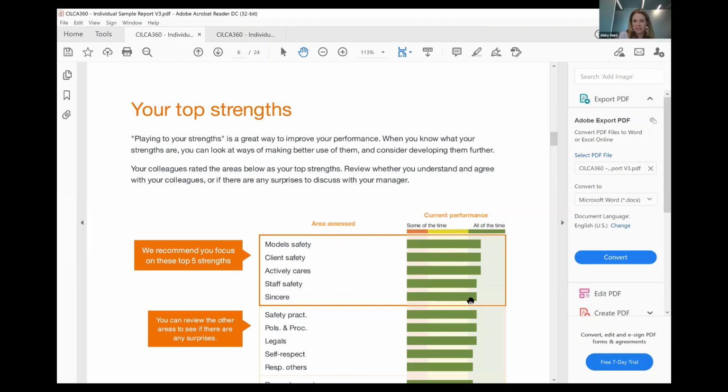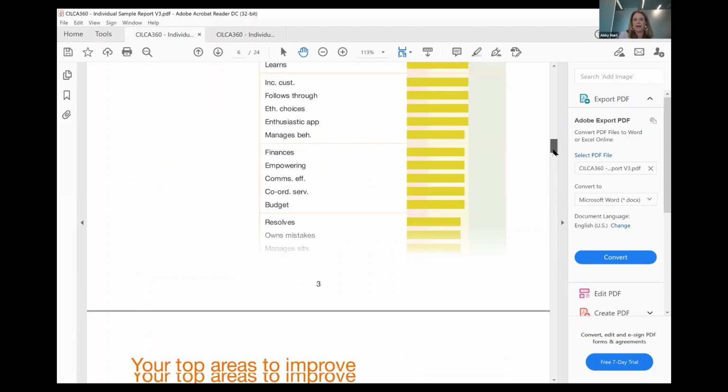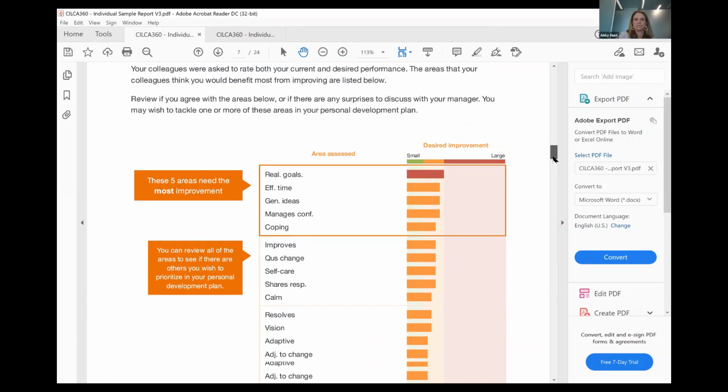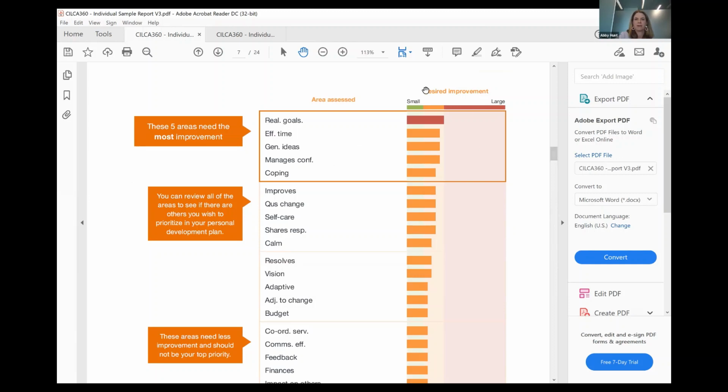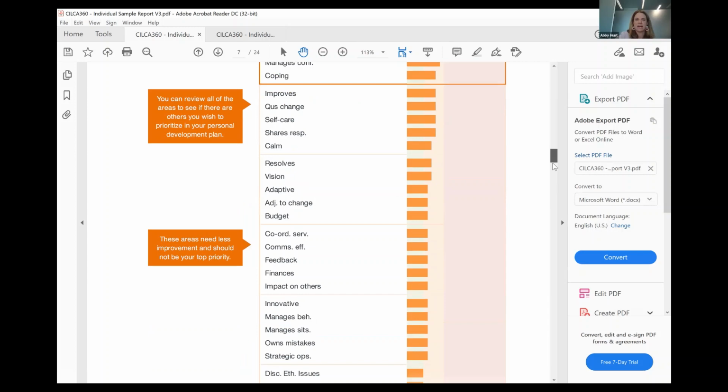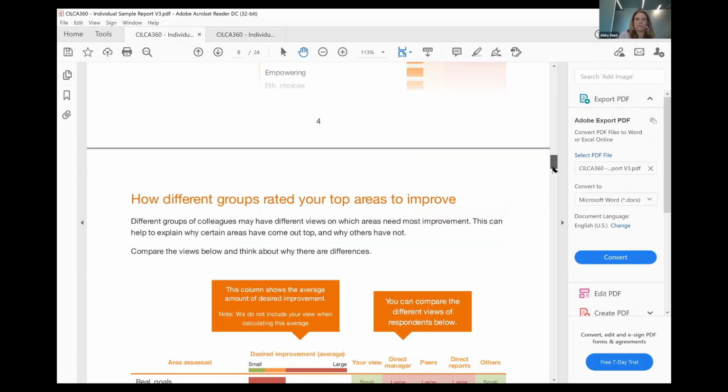But as you can see, these 3 are actually all quite the same. So just be careful not to just take the first 5 or the last 5, because there's much more to it than that. But you can see the ranking still, and those are the 5 areas to focus on for improvement. So that's all similar to what you've seen before.